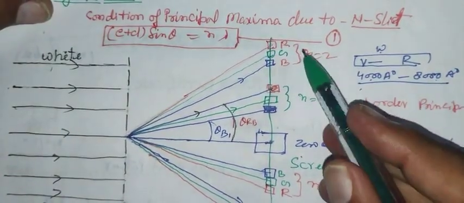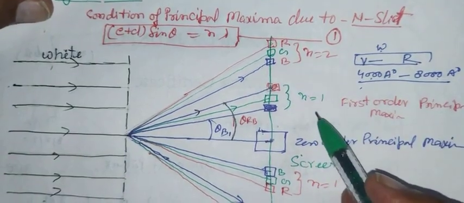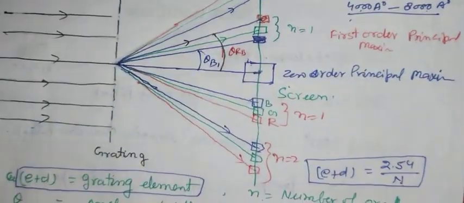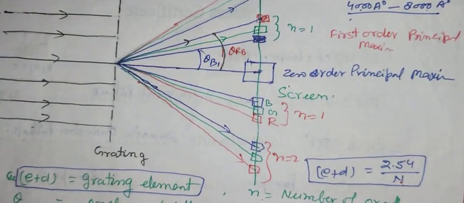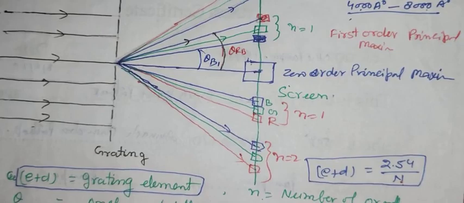It means the intensity of the second order is less than the intensity of the first order, and the intensity of the third order is less than the second order.